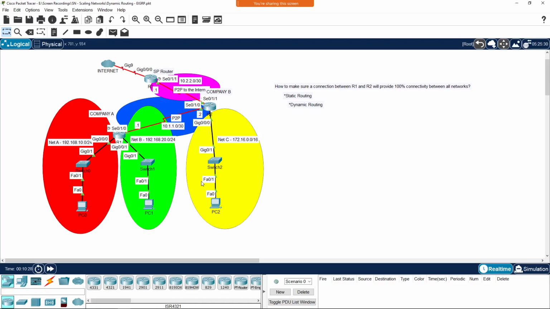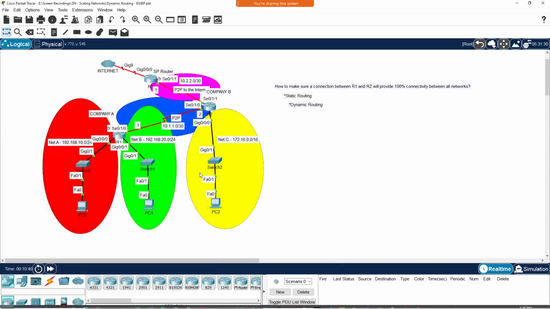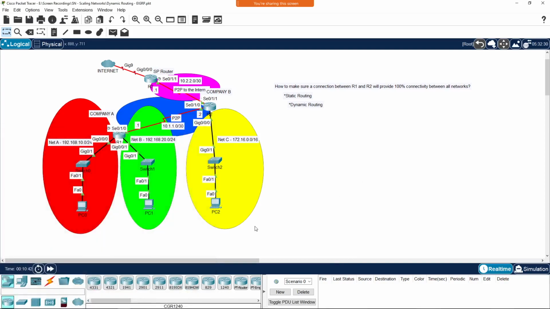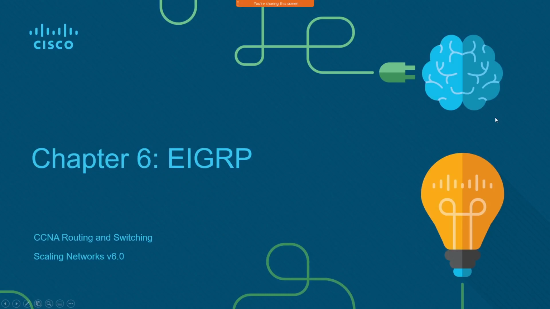And we also have EGPs, exterior protocols, which are used between different autonomous systems. Today we're going to be discussing one of the interior gateway routing protocols, which is EIGRP that we talked about last week. So let's move on to our presentation.